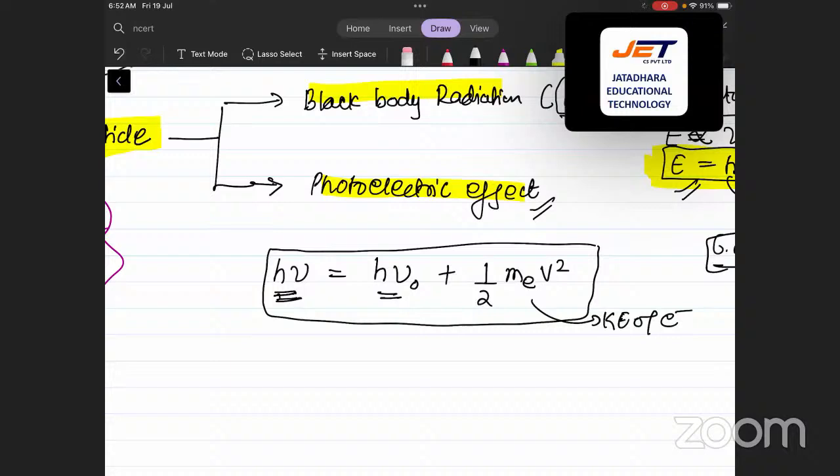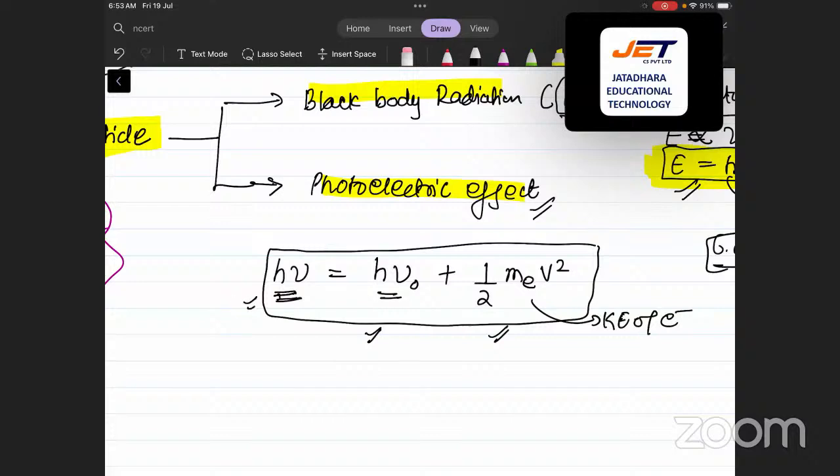Omkar, that is not 10. That was just an example, right? Let's suppose we require 10 electron volt, and the energy that I'm providing is 15 electron volt, then obviously 10 will be used for ejection of the electron and 5 will be used for increasing the speed of the electron.